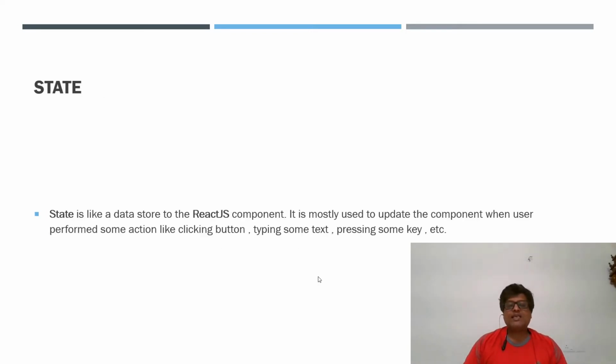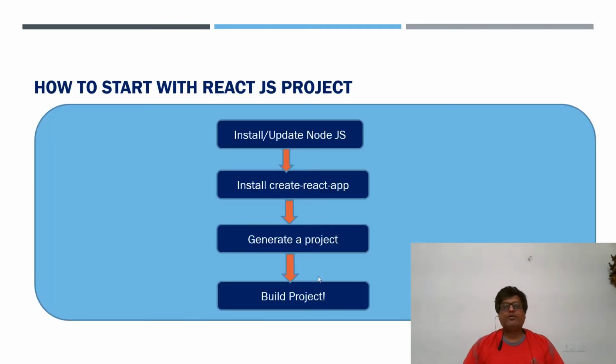State is like a data store for a React.js component. It is mostly used to update the components when you perform some actions like clicking a button, typing some text, or pressing some keys.